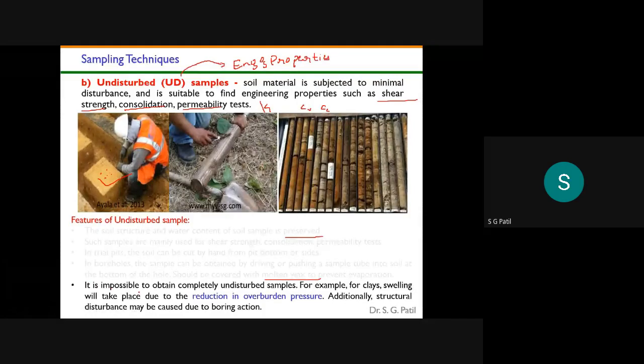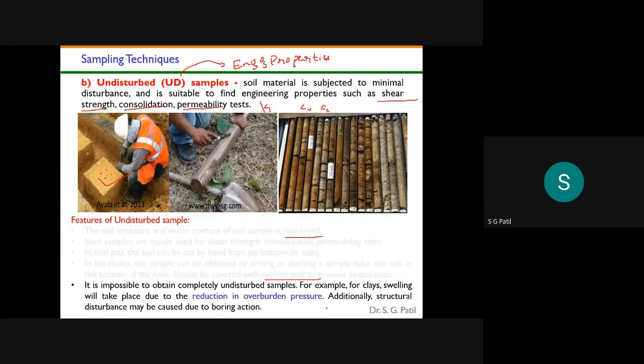It is impossible to obtain completely undisturbed samples. Even these undisturbed samples are subjected to some kind of disturbance, so it is not 100%. We cannot claim these samples as 100% undisturbed samples. Sometimes, because of the reduction in overburden pressure, these samples may undergo swelling or contraction.